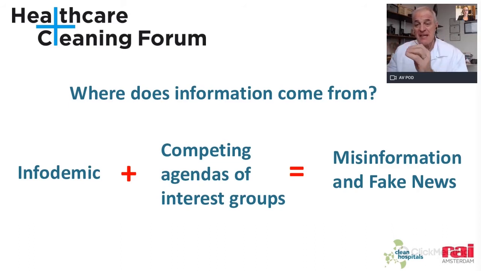And this term infodemic has been used by WHO Director General Dr. Tedros, telling experts, please only express yourself if you are real experts. Why? Because there have been many competing agendas of experts and so-called experts or interest groups.